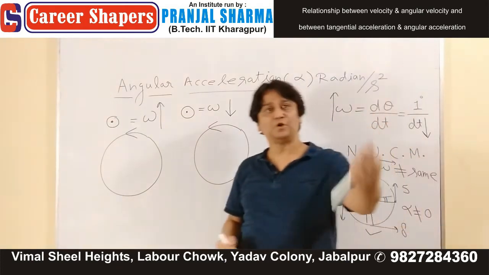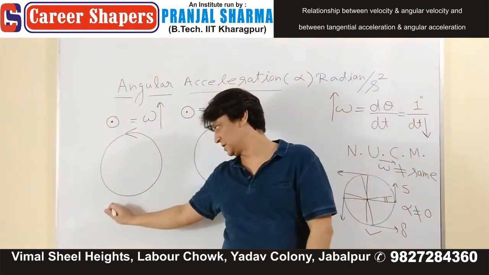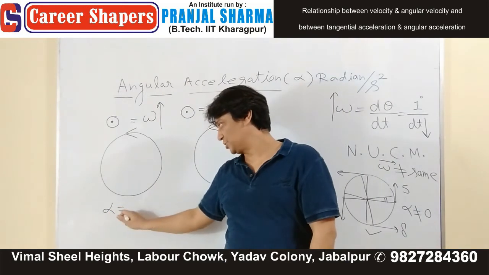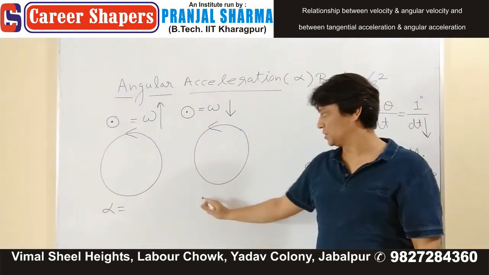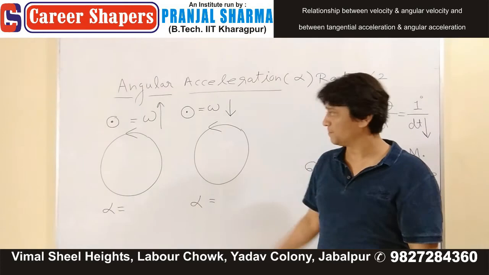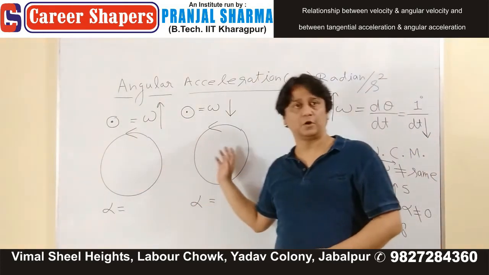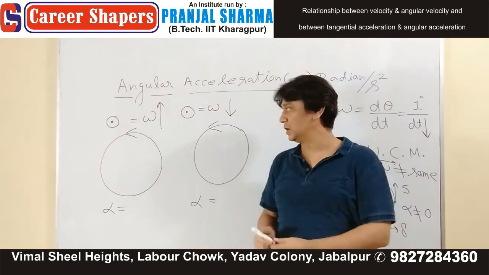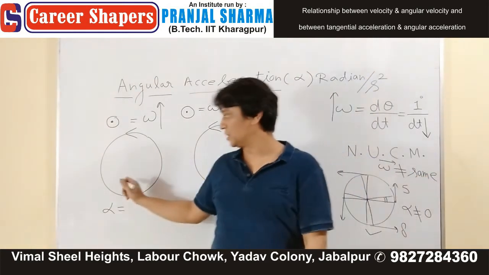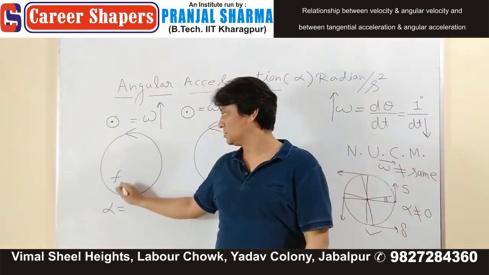Let's see how many of you can answer this. What is the direction of alpha in this? This is figure 1 and this is figure 2. First you will answer for figure 1 and then you will answer for figure 2.